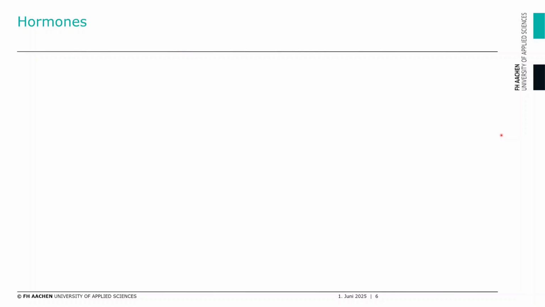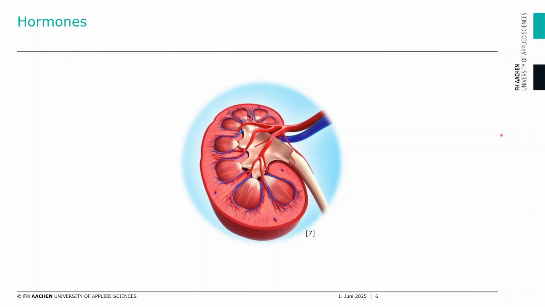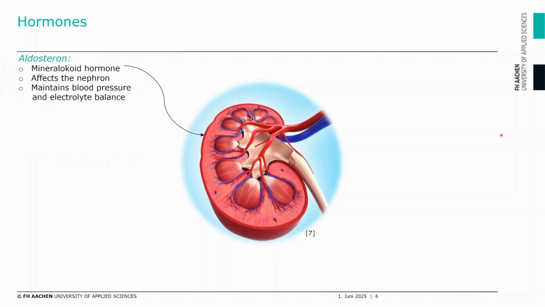We would now like to introduce you to the hormone production of the kidney. First, the aldosterone. Aldosterone is a mineralocorticoid hormone. It affects the nephron by increasing the absorption of water and sodium and increasing the extraction of potassium. It thus maintains blood pressure and electrolyte balance.